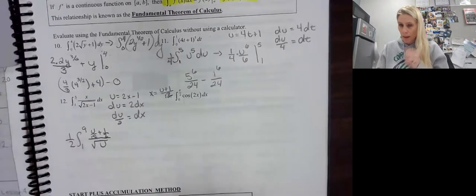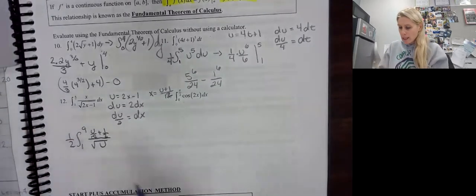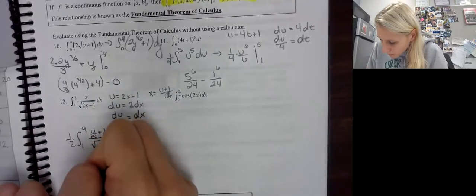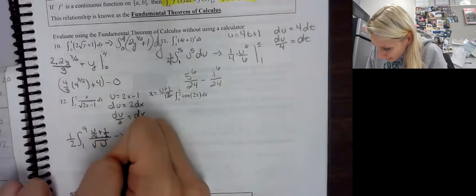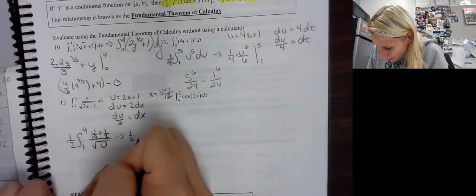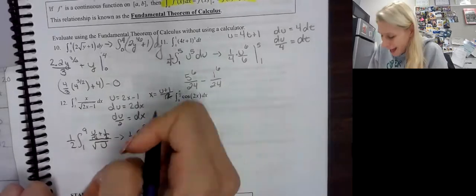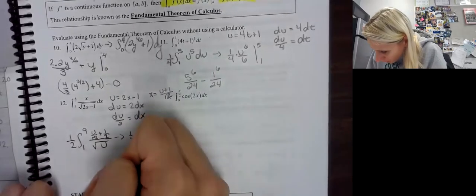Okay, now let's simplify. We need to bring this up here, right? So what we're saying, and I'm going to write it all out, we're saying 1/2 times 1/2 integral 9 to 1.